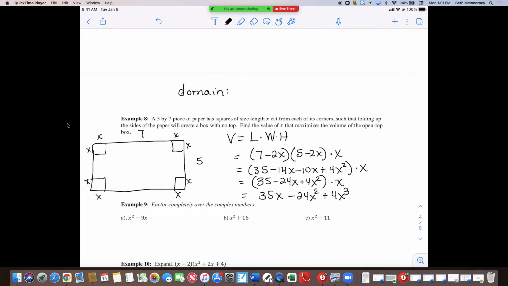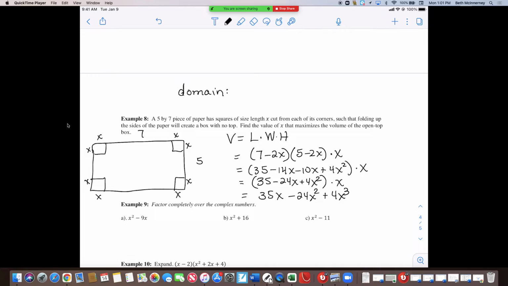So instead of this being 5, it's actually now 3, right? Could I take 2 off of each end? Yeah, it'd be pretty skinny, wouldn't it? If I took 2 off of each end, 5 minus 4 is 1. Could I take 3 off of each end? No, then I have a problem, right? Because that's more than my 5 if I try to take 3 off. Where's the maximum that I could take off? 2.5, but I really couldn't take 2.5, right? Because then there'd be no width.